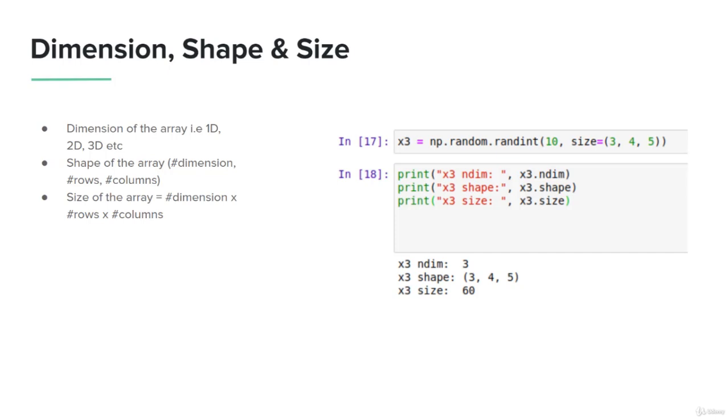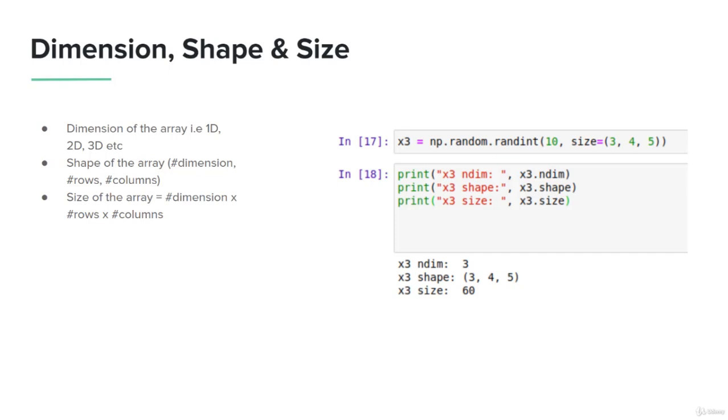Whenever you read the shape of an array, you will see that the output is always oriented in this manner: firstly the number of dimensions, then the number of rows and the number of columns. The size of the array is the multiplication of the number of dimensions, rows, and columns. It will all make sense once we get to the code and start visualizing it.